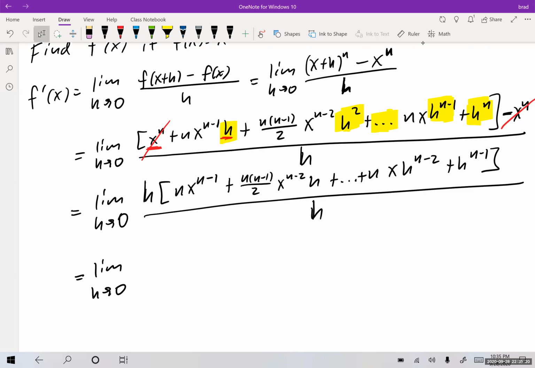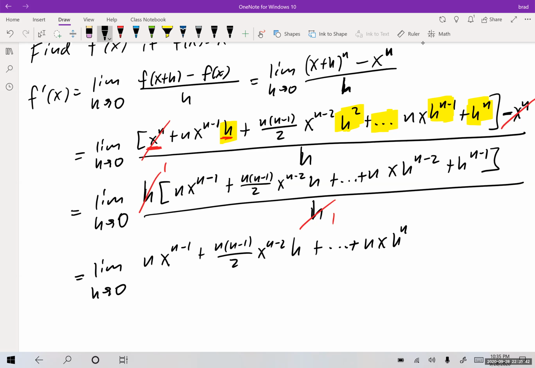is, let me see here, we have this h and this h cancel, and they become 1s, right? And that leaves us with n x to the n minus 1 plus n times n minus 1 over 2 x to the n minus 2 times h plus n x h to the n minus 2 plus h to the n minus 1.